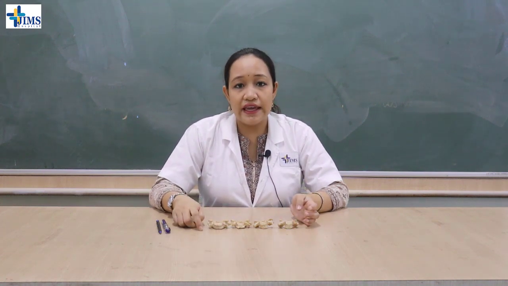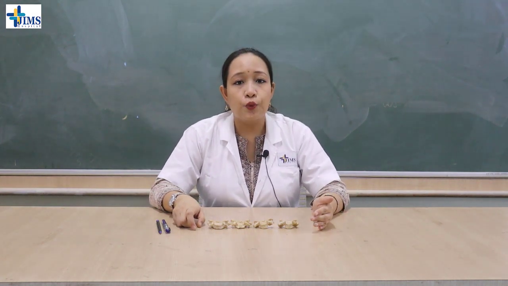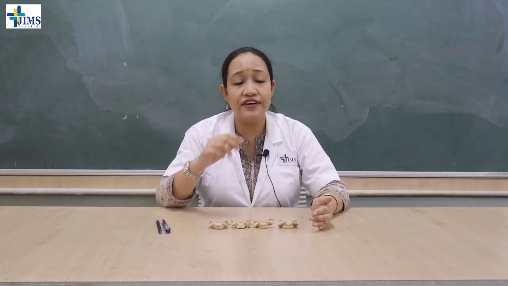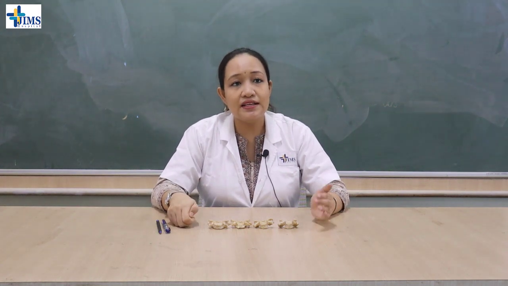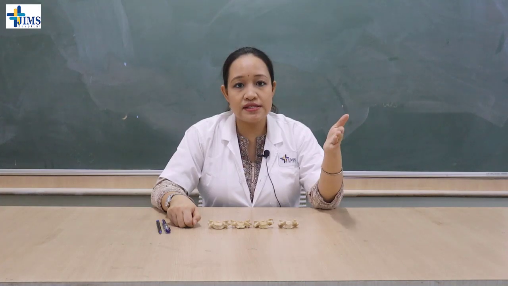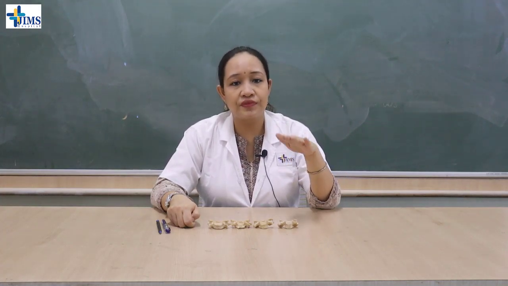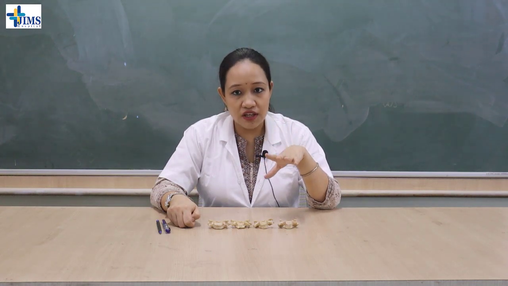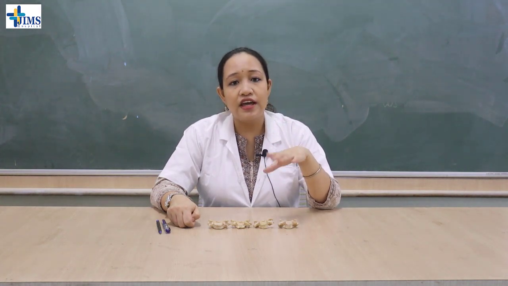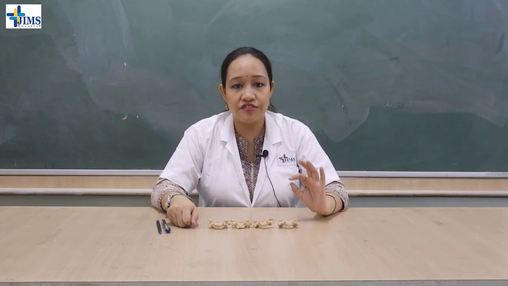The 8th cervical nerve will pass just above the first thoracic vertebra. That is, the first cervical nerve passes between the skull and the atlas, and so on till C7. Then the 8th cervical nerve passes just above the first thoracic vertebra.